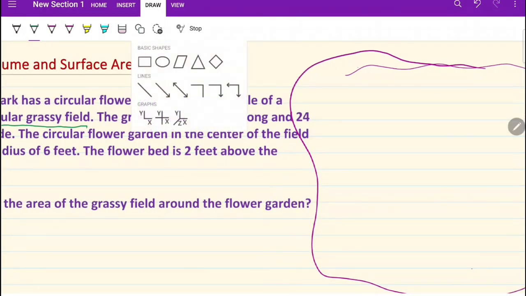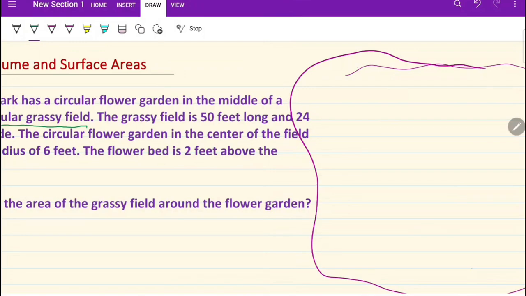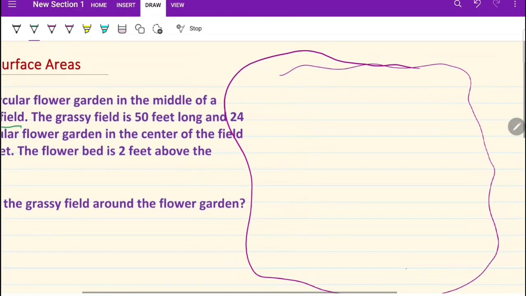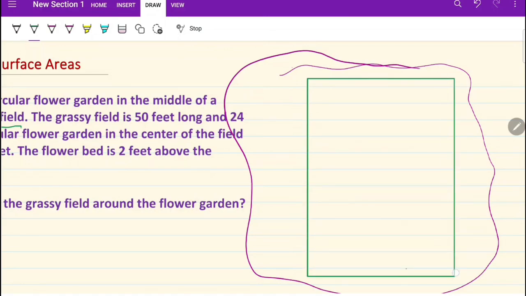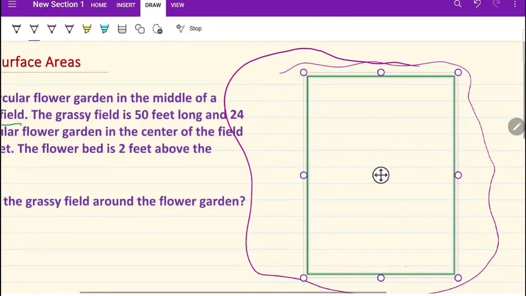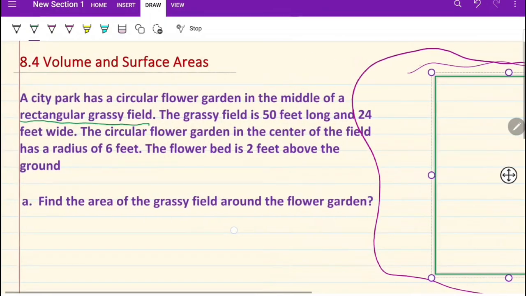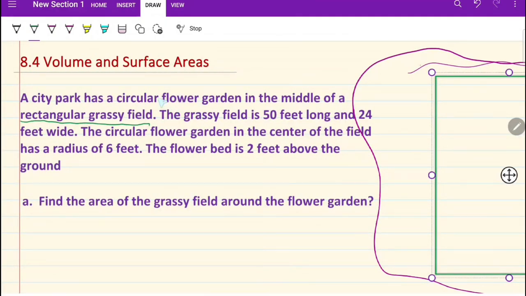So I'm going to now draw a rectangular shape. So here is our rectangle. Let me try to draw a proper rectangle here. All right, so this is our grassy field. And then it says in the middle of the rectangular grassy field is a circular flower garden.